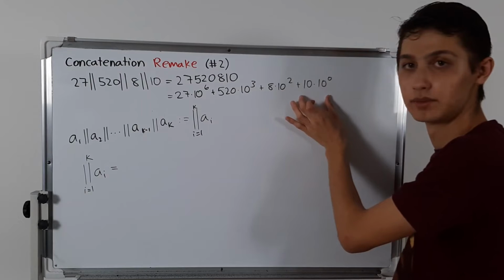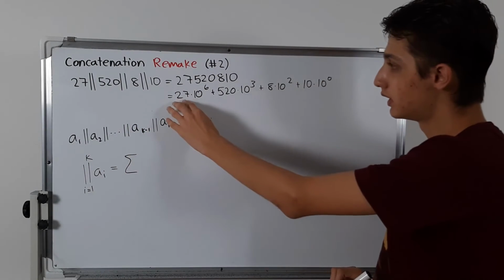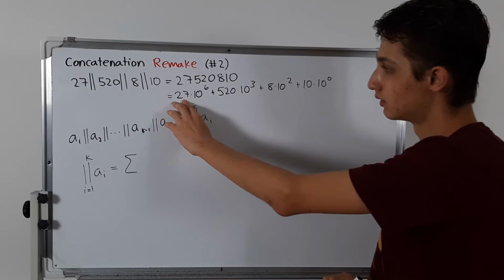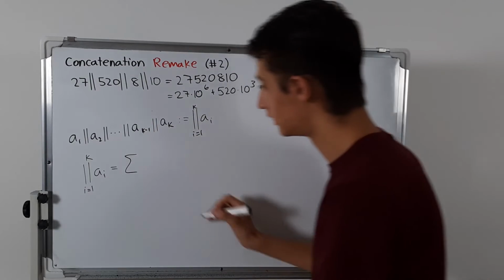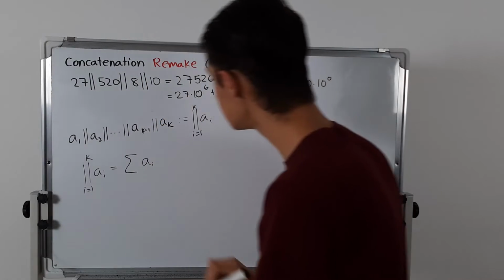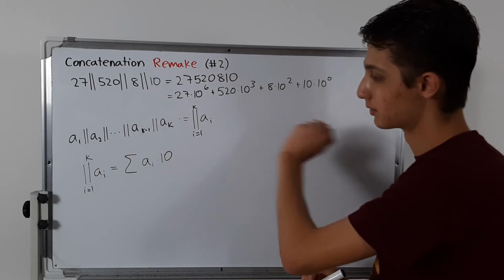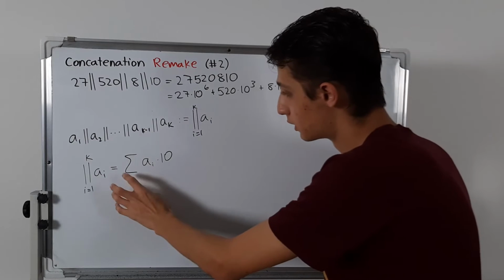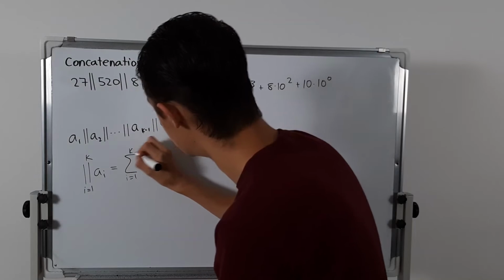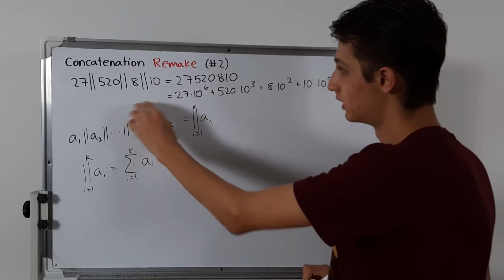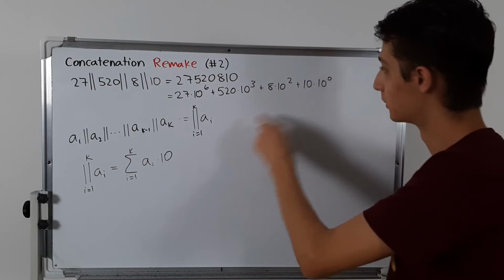Each of these is something we're adding, so we're going to sum up all of the A sub i's, because this is A sub 1, A sub 2, A sub 3, A sub 4, and then we're going to multiply by 10 to something. But first, I want to put the bounds on this. We're starting from i equals 1 to k, because we're going to be doing A sub 1 times 10 to the whatever, plus A sub 2 times 10 to the whatever, and so on, all the way to k.